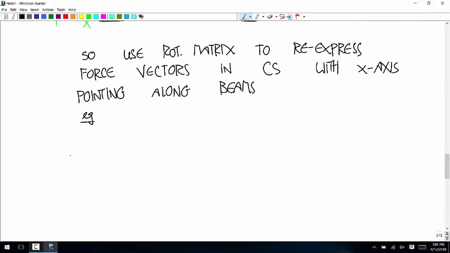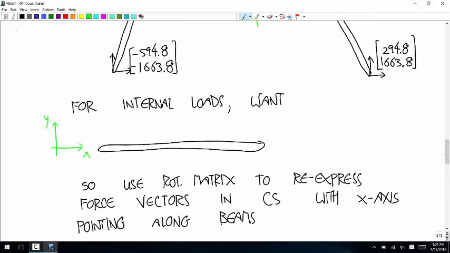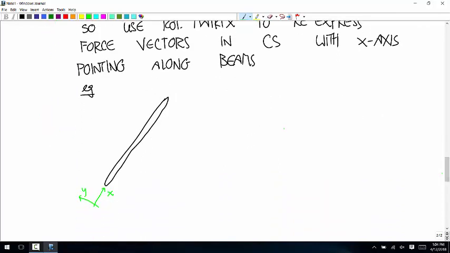So like, for example, for member 1, then we have this beam and a coordinate system like this. And once we've represented those force vectors in this coordinate system, what do we have to do to go from this situation to this one that we want? Just turn our heads a little, you know? Because all that matters to us mathematically is having the right relationship between the coordinate system and the member.